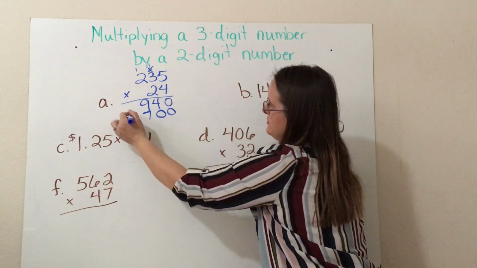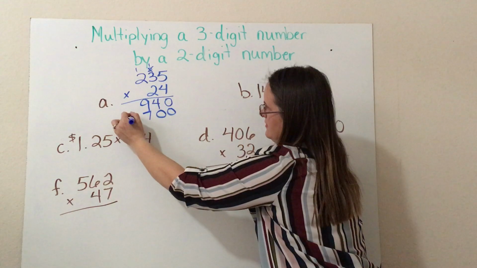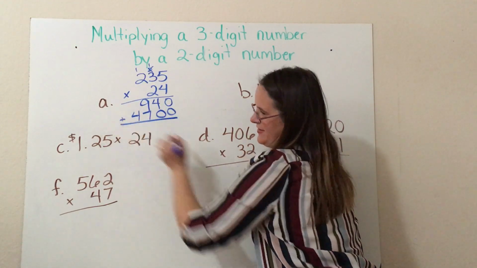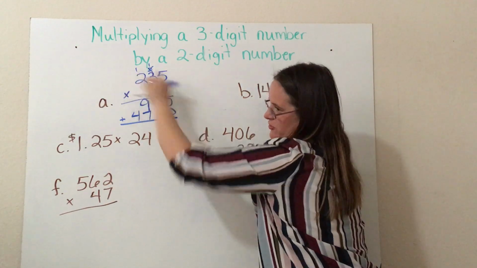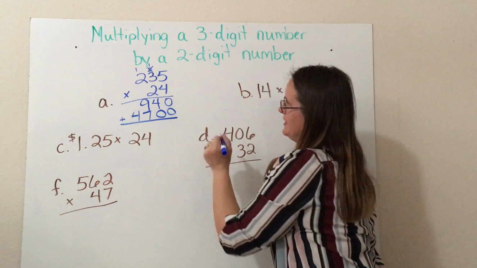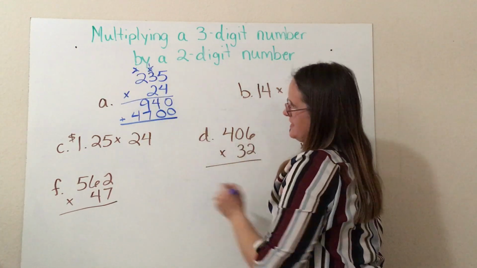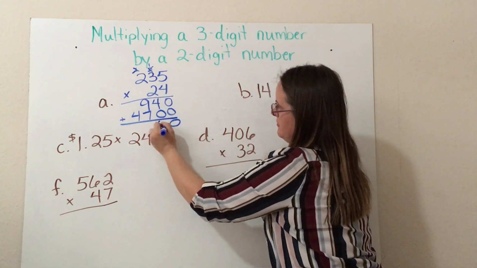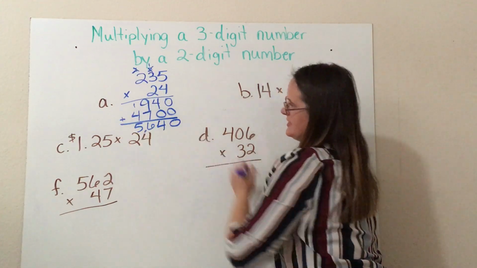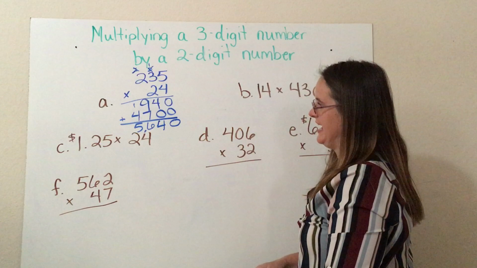And 2 times 2, 4. You missed the plus. We should have crossed it out maybe after we used it. Okay, 0, 4, 16. So 5,640 is our answer to A.